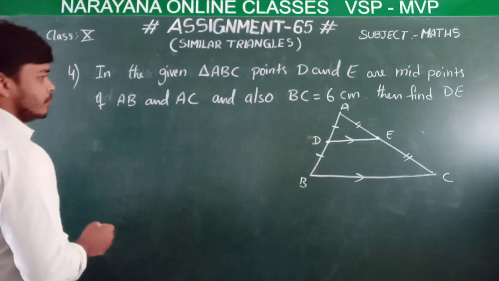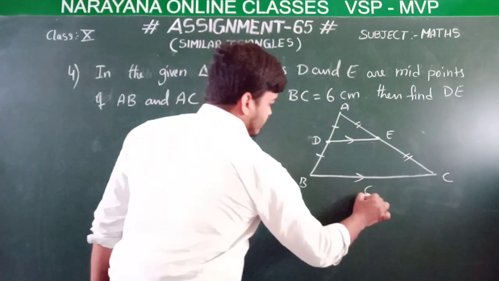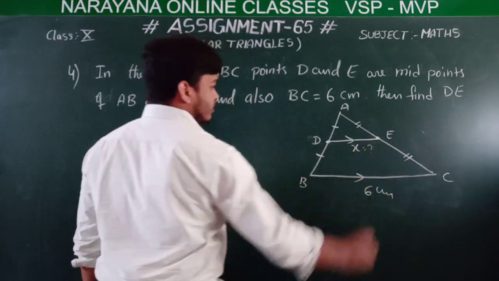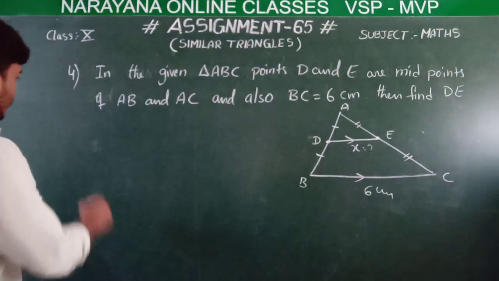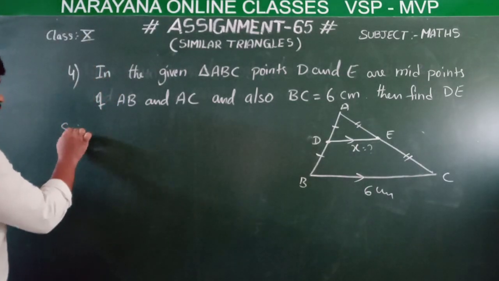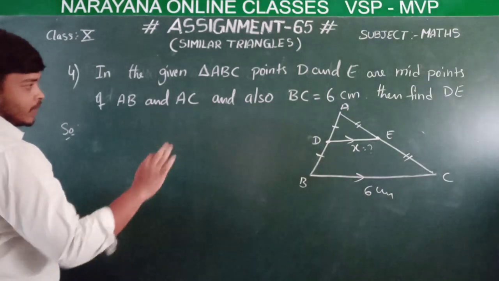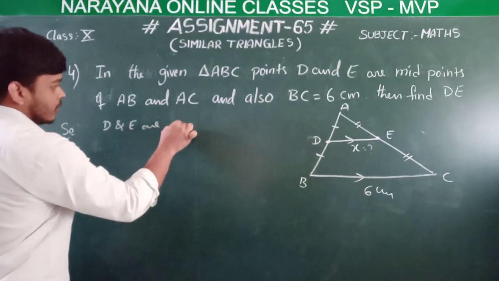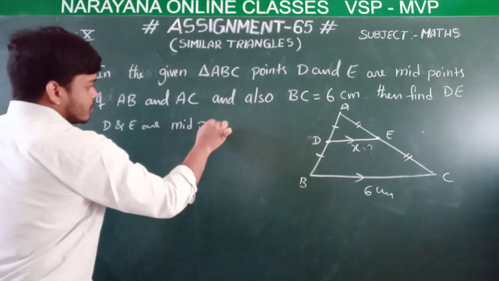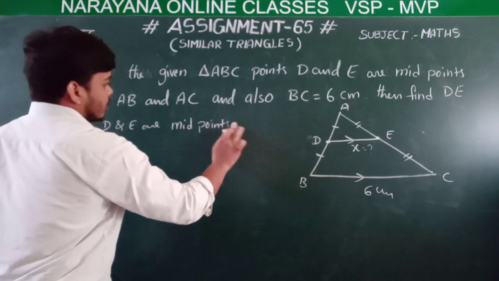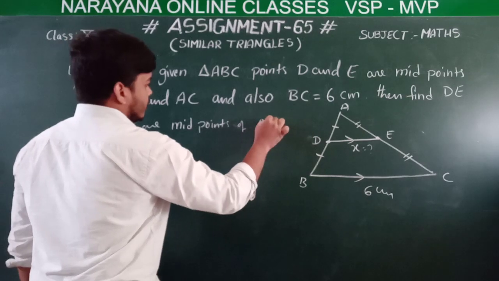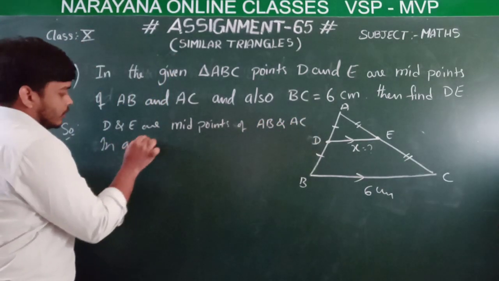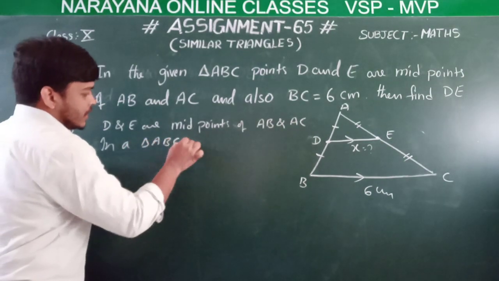BC is given. BC is equal to 6 centimeters. This is 6 centimeters. We need to calculate DE. This value we need to calculate. See, all is given: midpoints, right? So D and E are midpoints of AB and AC in a triangle ABC.